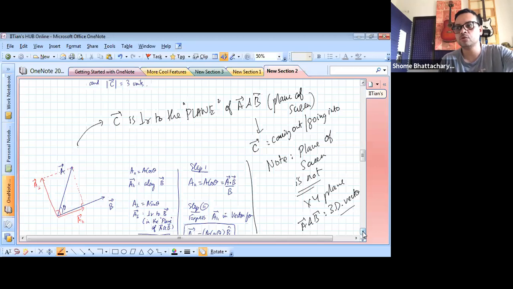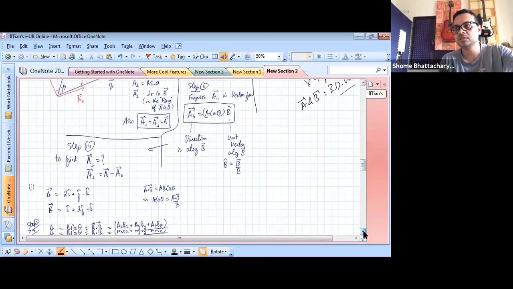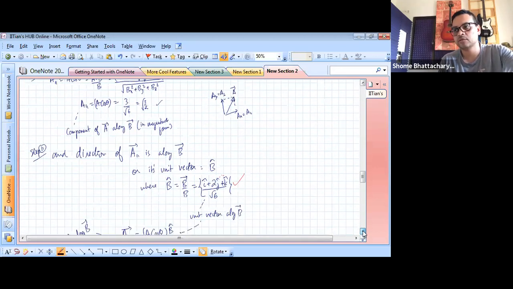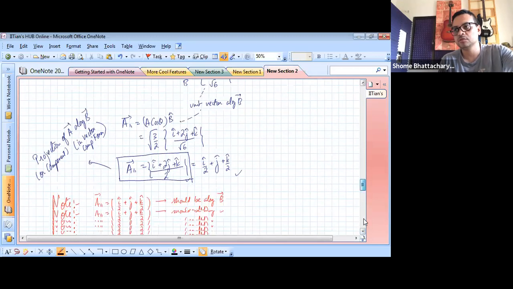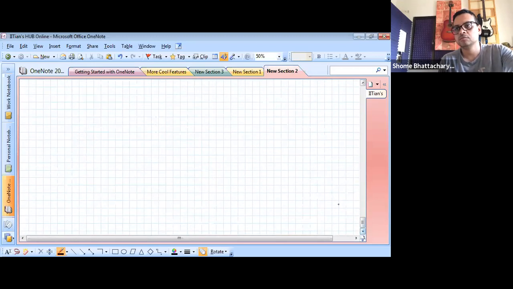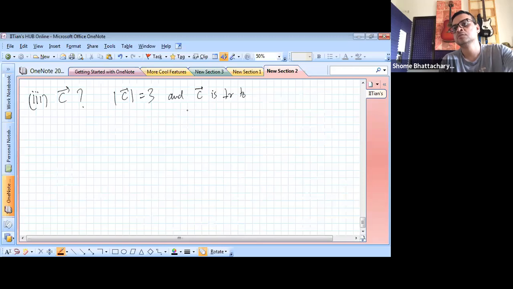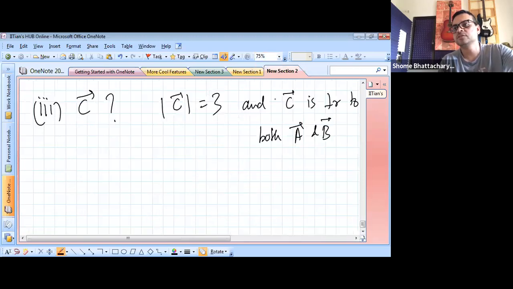Very good. So that's where the third part becomes compulsory. For the third part of the question, to find the vector C, mod C is 3 and C is perpendicular to both A and B. To work out this part, we have to make use of that relationship.